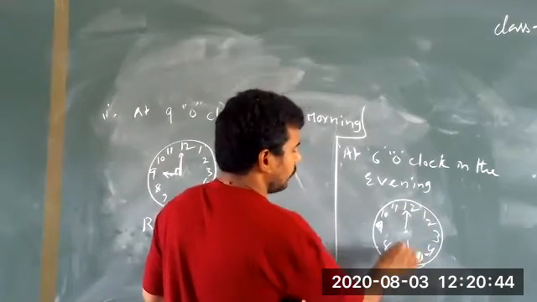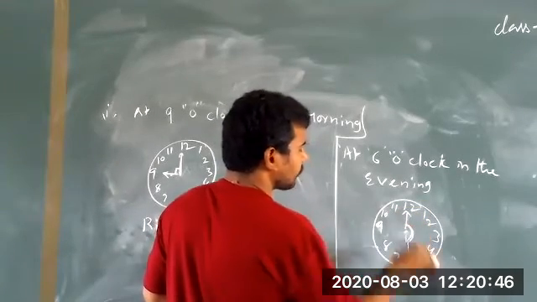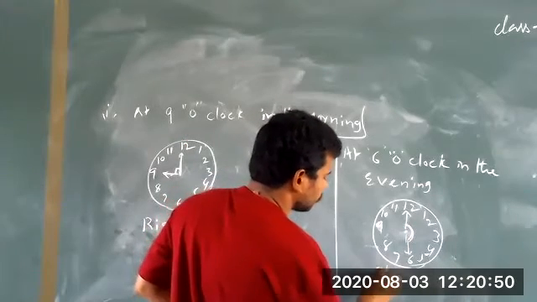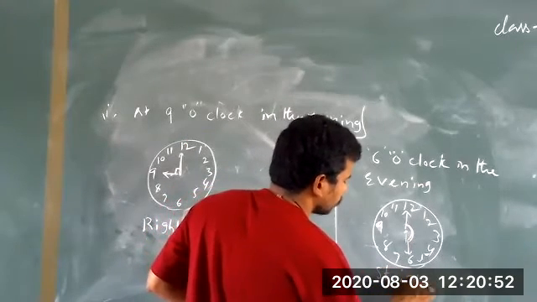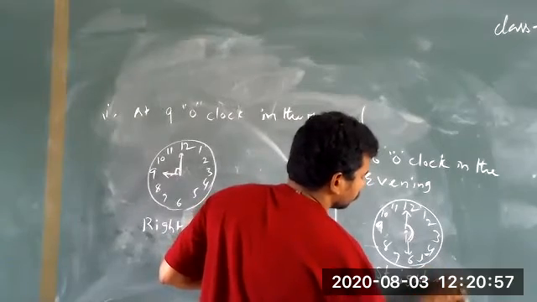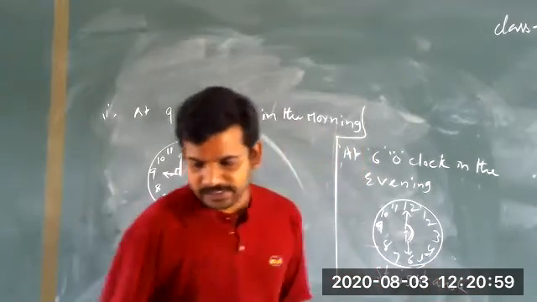Long hand. So which angle is formed here, children? Straight angle. Which angle, children? Straight angle.